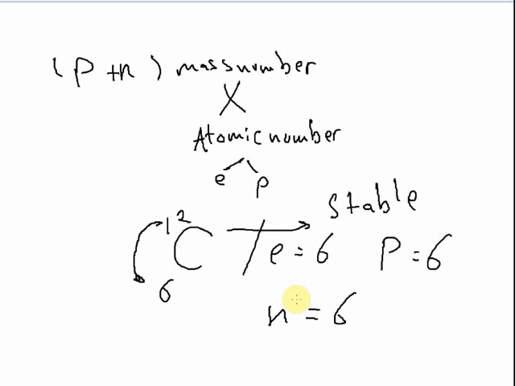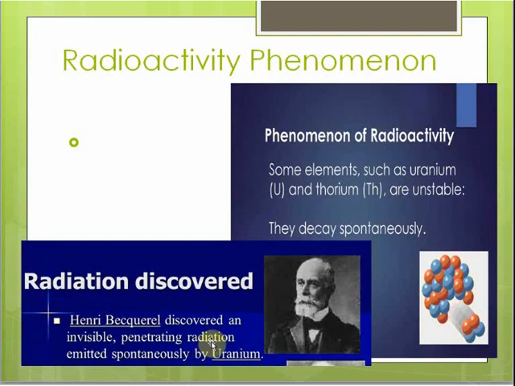All of these are called radioactive elements. We can now define the radioactive elements as the elements whose atom nuclei contain a number of neutrons more than the number required for their stability.